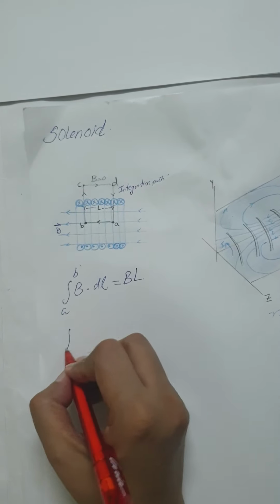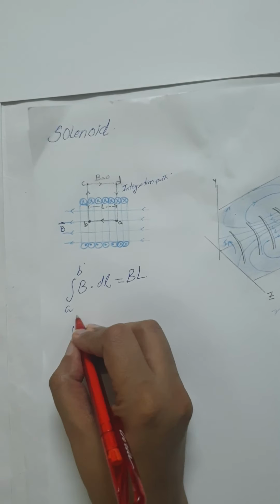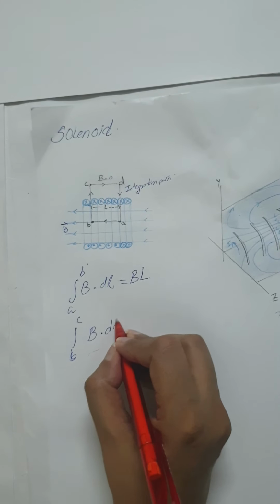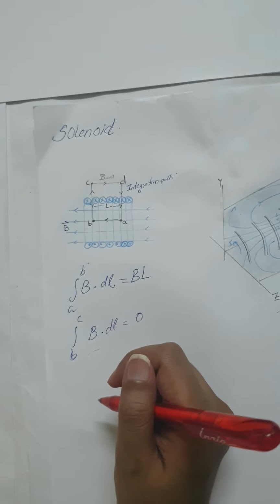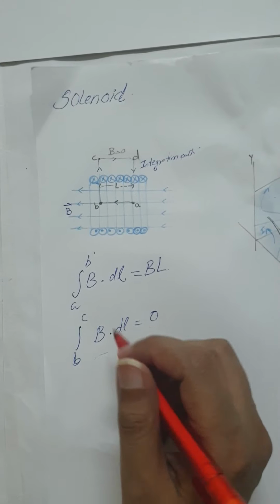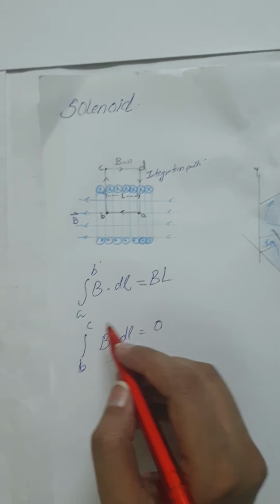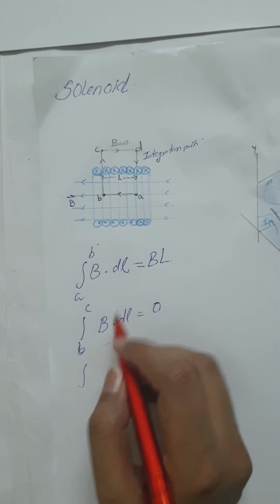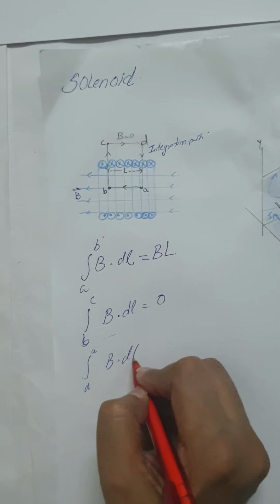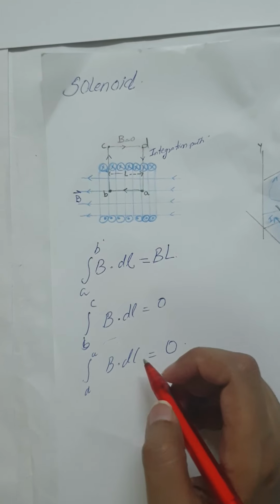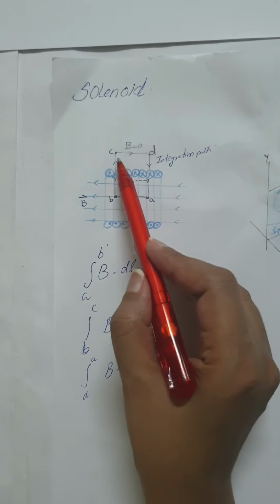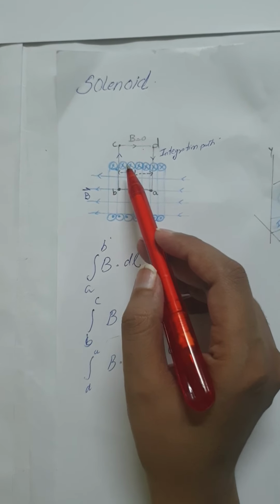For BC, it becomes 0 because B parallel is equal to 0, and the same for side DA. And also along CD, the integral is 0.